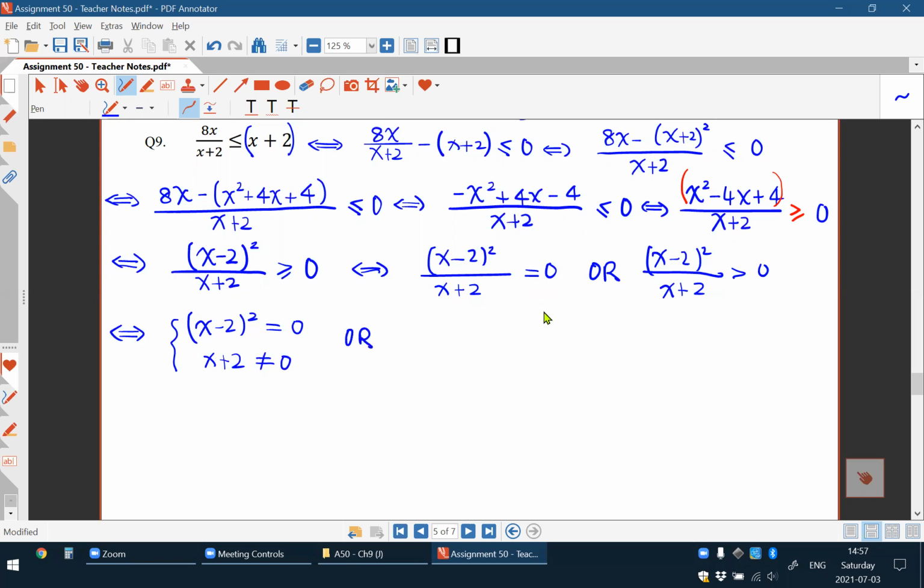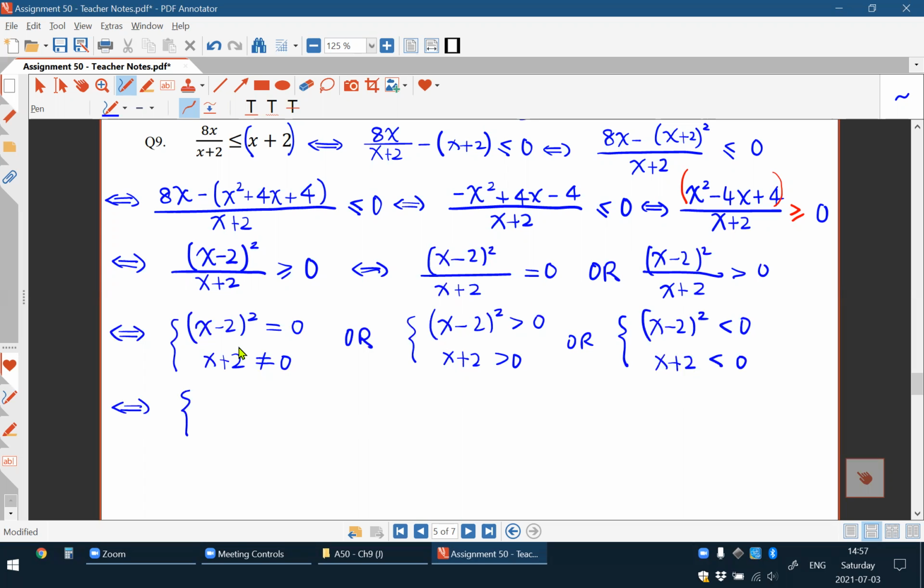Or, okay, again, if you have a ratio that is a positive number, that means the signs in front of the two numbers are the same. So you can either have a positive numerator and a positive denominator as well, or a negative numerator and at the same time a negative denominator, right? Okay, so the solution of the equation is (x minus 2) squared is 0. That means x minus 2 is 0. So that means x is 2, right?